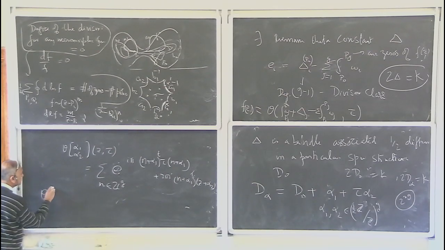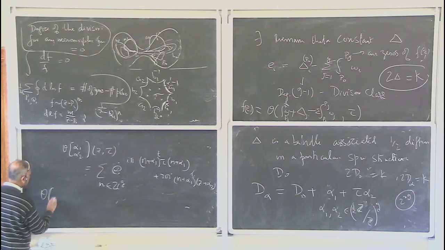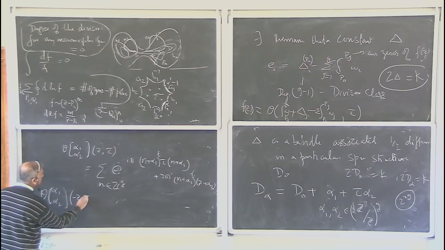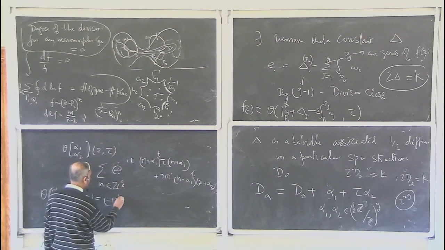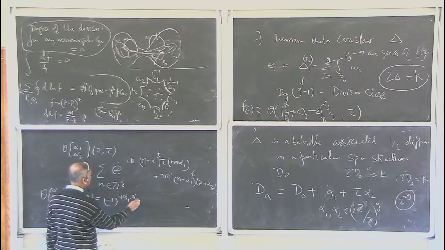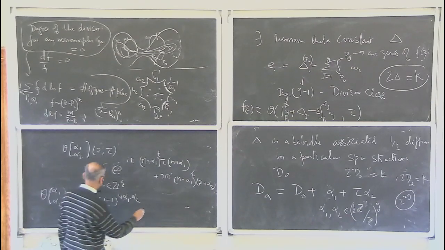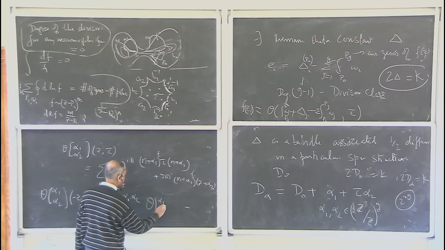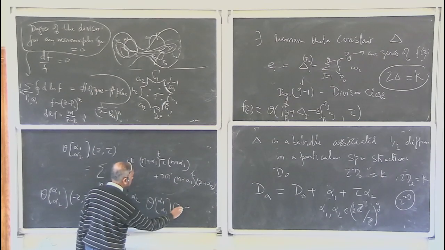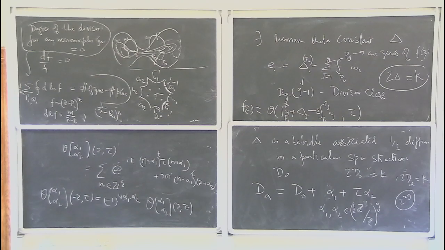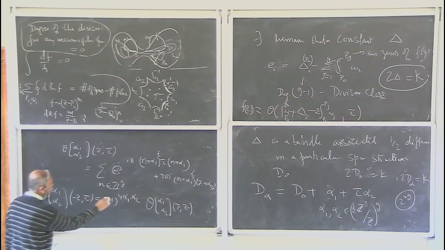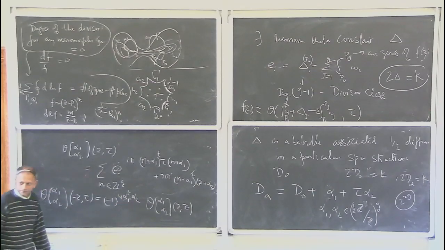One can prove just from this definition that theta of alpha 1, alpha 2 of minus z, tau equals minus 1 to the power of 4 alpha 1 dot alpha 2, times theta of alpha 1, alpha 2 of z, tau. This is a dot product. In other words, in matrix notation, it will be alpha 1 transpose alpha 2.